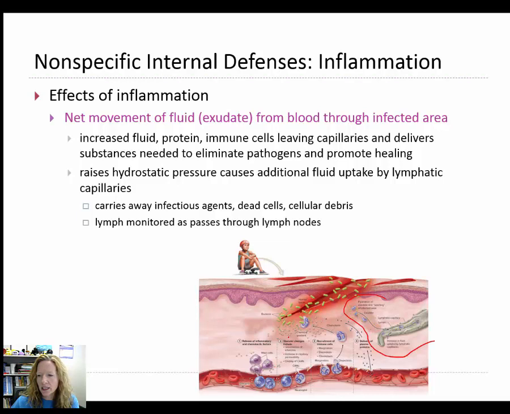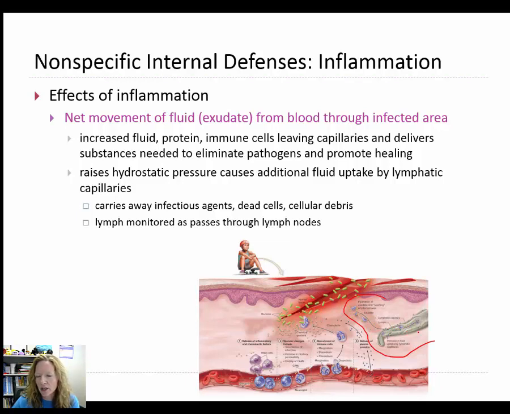So as fluid is moving out of the blood vessels and going into this tissue, that's causing the whole local edema, the swelling. What that's doing is causing an increase of fluid pressure in the tissue. That increase of fluid pressure is really important because it actually helps move the fluid into the lymph.